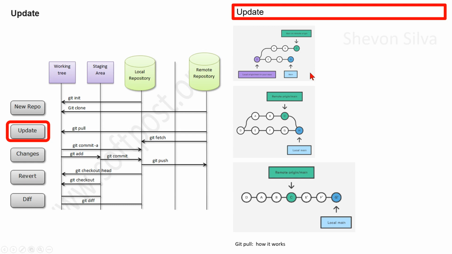Assume we have a repository with a main branch and a remote origin. In this scenario, git pull will download all the changes from the point where the local and remote main diverged.